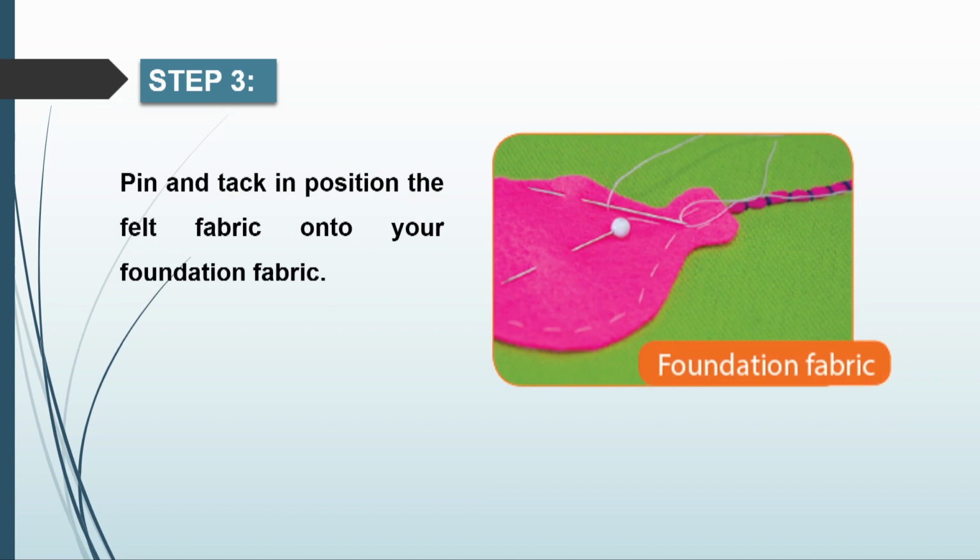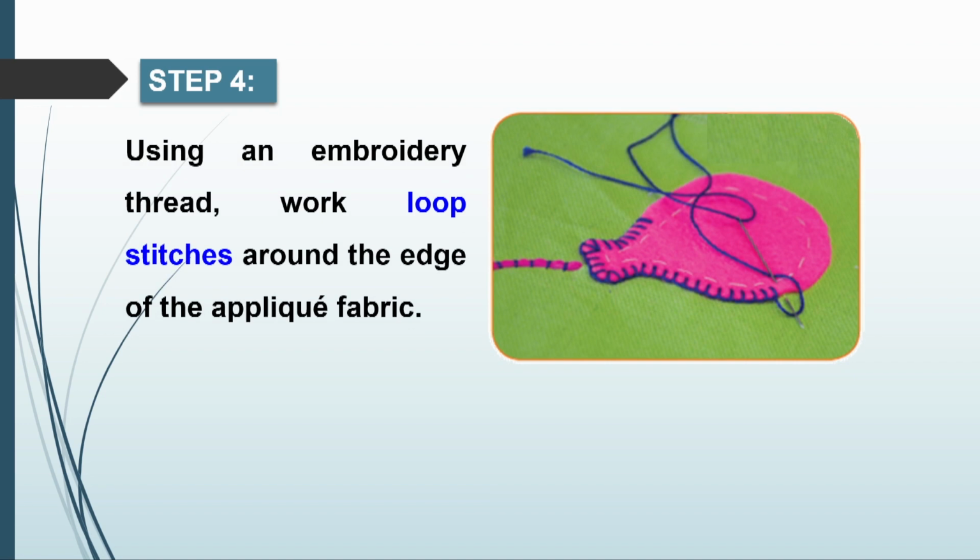Step 3. Pin and tack in position the felt fabric onto your foundation fabric. Remove pin after tacking is done. Step 4. Using an embroidery thread, work loop stitches around the edge of the applique fabric.